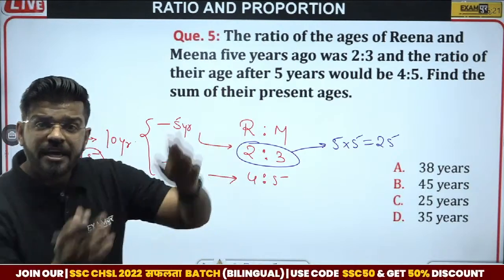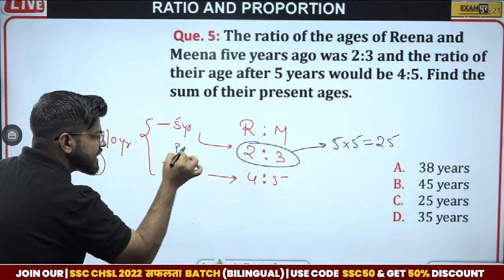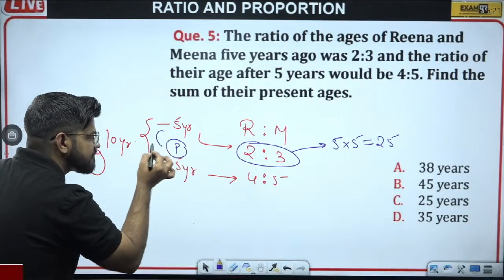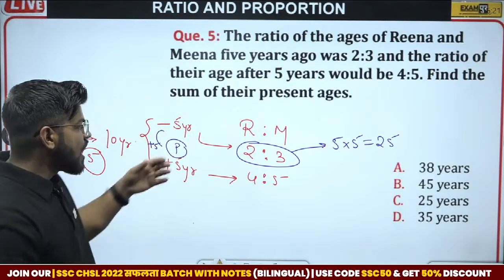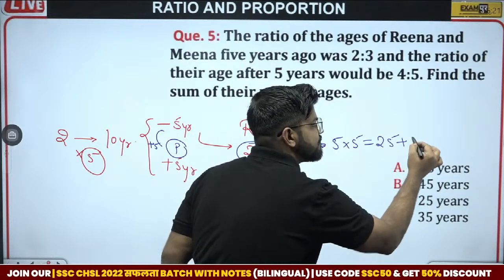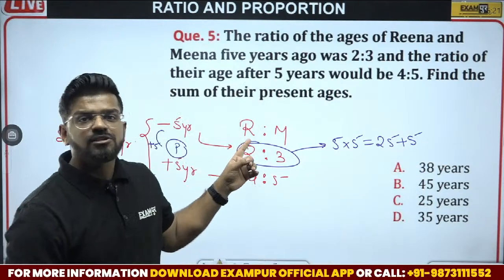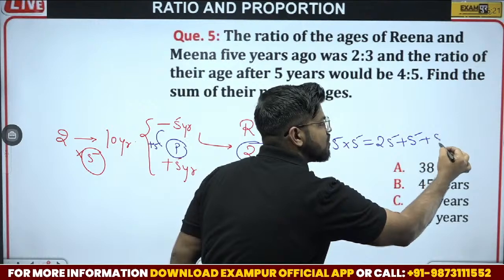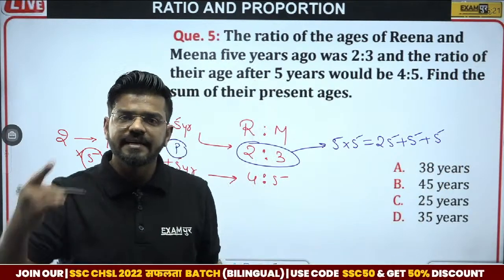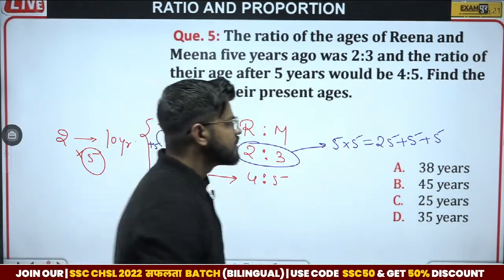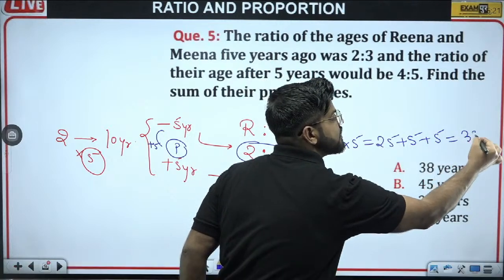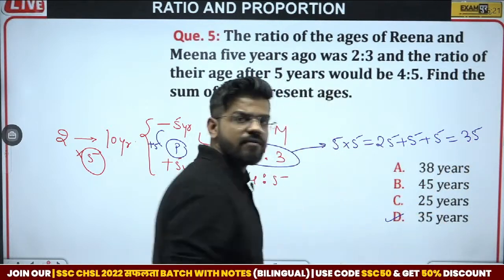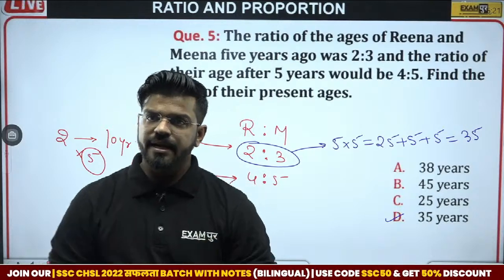After 5 years we will get the present, which is plus 5 years. After plus 5 years, Reena also increases and Meena also increases, so you can directly say 10 increases. So my answer is 35 years. Whoever is giving 35 years has the right answer.